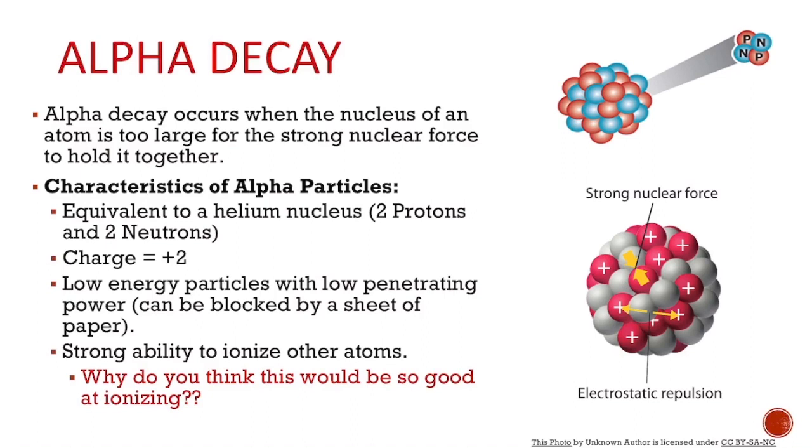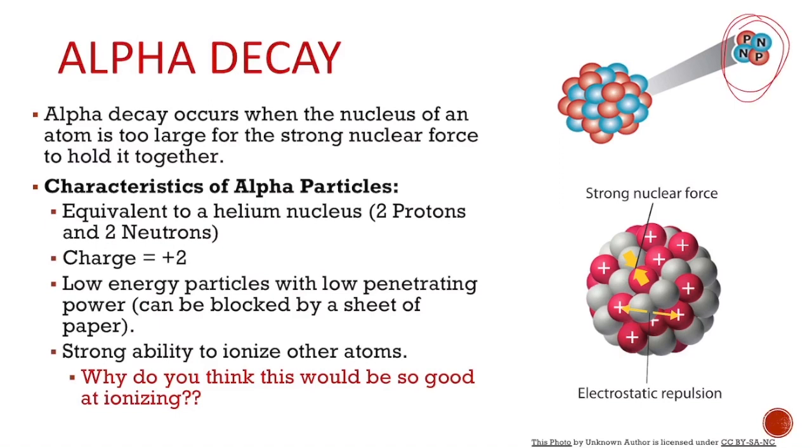But the strong nuclear force's job is to hold together all the particles in the nucleus. And it works on a super tiny scale, which is the scale of the size of the atomic nucleus. So if a nucleus gets too large, then the strong nuclear force has a hard time holding all those particles together, and then the atomic nuclei become unstable and they start throwing out radioactive particles. And some of those particles are alpha particles.